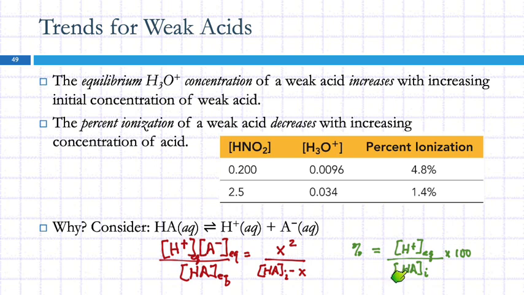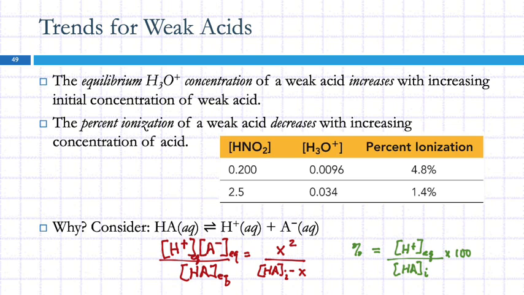If I double this concentration, does that mean that this x gets doubled? No, it doesn't, because this is a square and this isn't squared. It's not a linear relationship.